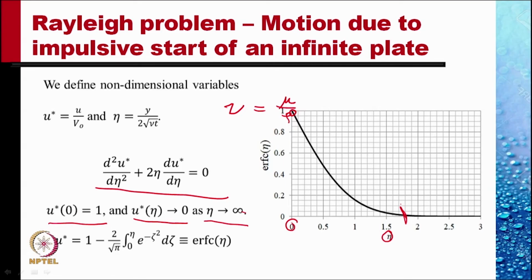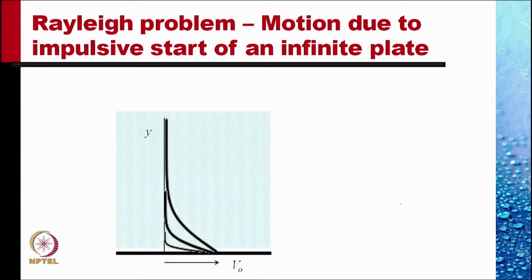The complementary error function of eta represents u star, the non-dimensional velocity. We plot this as the velocity profile on the plate in the regular coordinates. This would be the velocity profile for increasing times.